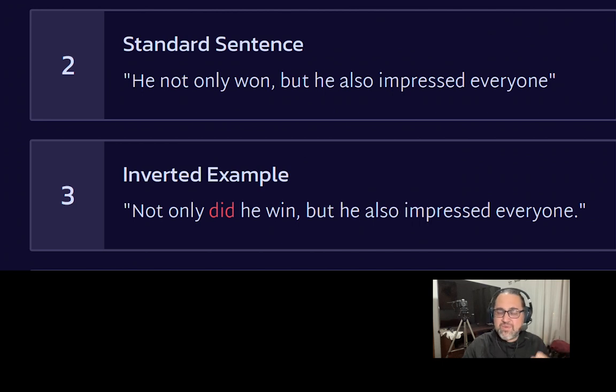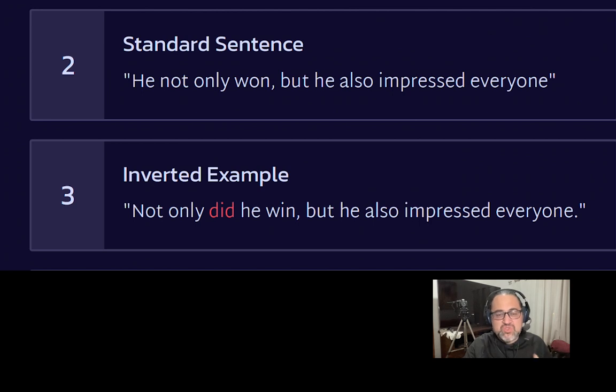Not only did he win, right? It's like you're asking, but you're not really asking. You're not saying, did he win? You know he won, but you're emphasizing that not only did he win, he did more than winning, he also impressed everyone. This is a very common example with inversion, using not only.